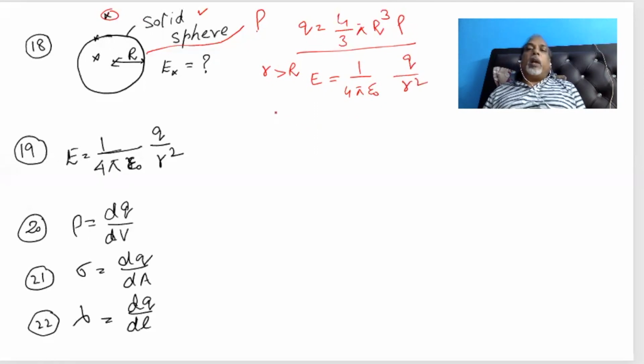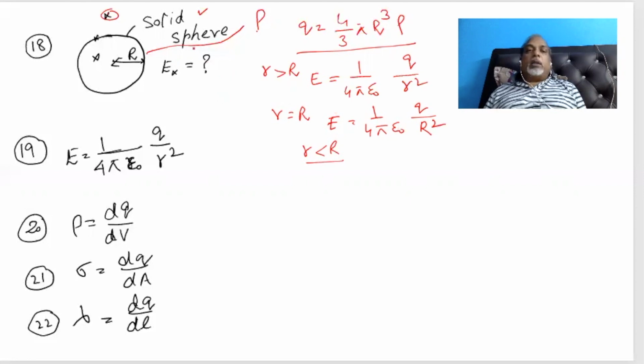And when r is equal to R, E is again 1 by 4 pi epsilon 0 Q upon R square.